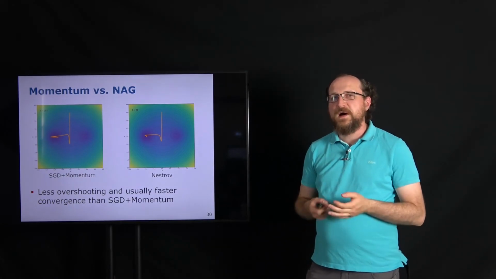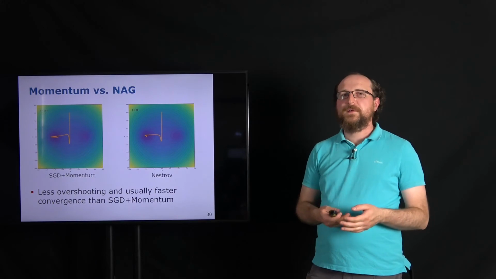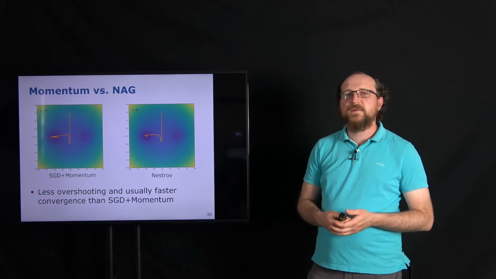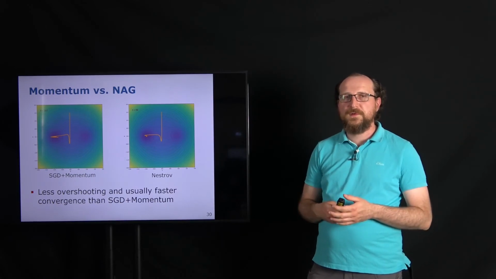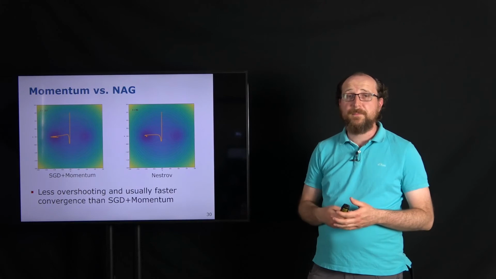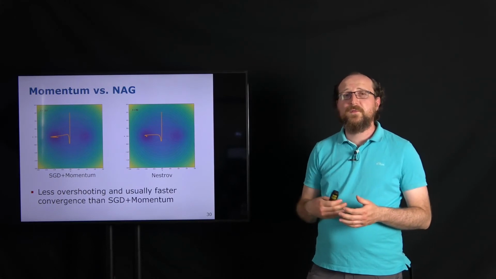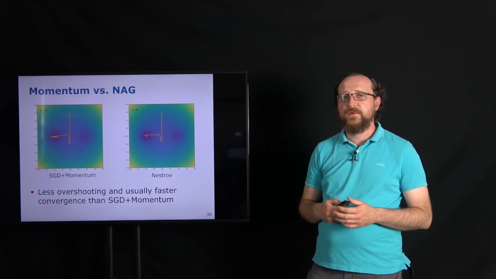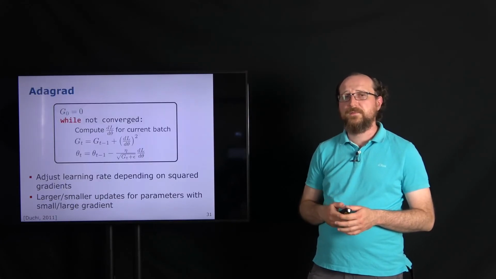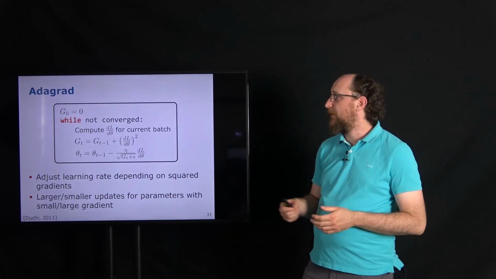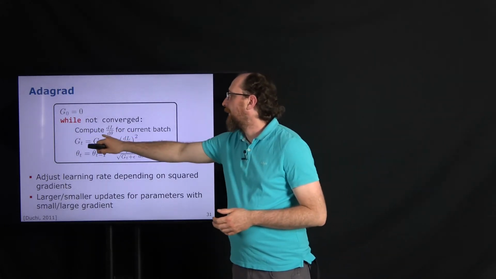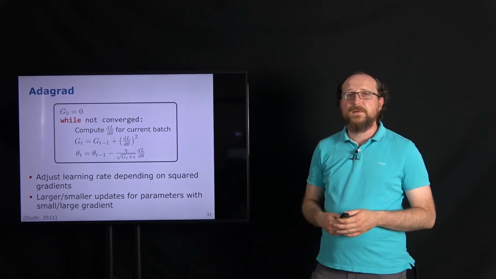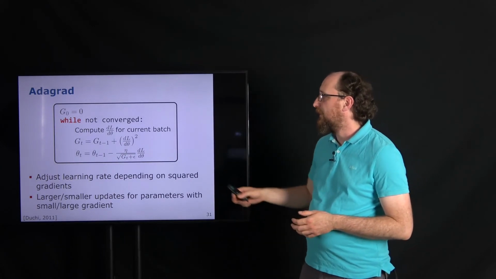And until now, we just use everywhere the same learning rate in the end, but it might be a good idea not to just apply everywhere the same update, but to account for the fact that we maybe need different updates for different parameters. And for this purpose, the so-called AdaGrad was proposed, where we are computing just the gradient for the batch, but then accumulate basically the squared gradients in the end here.